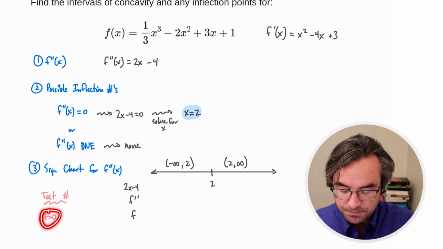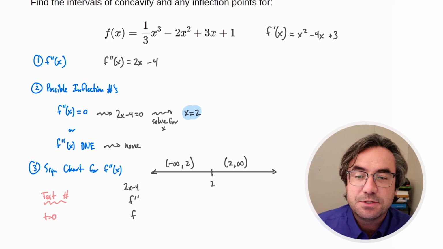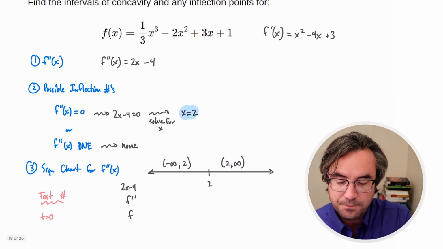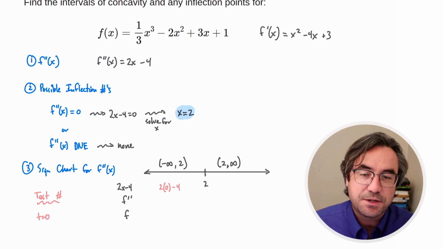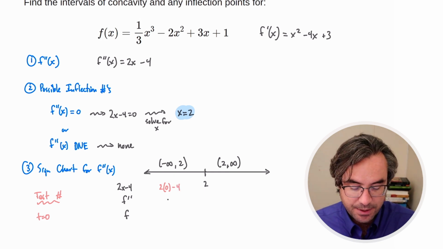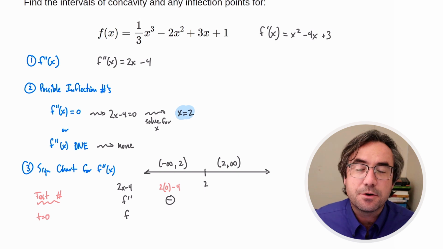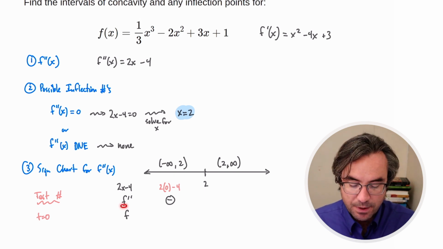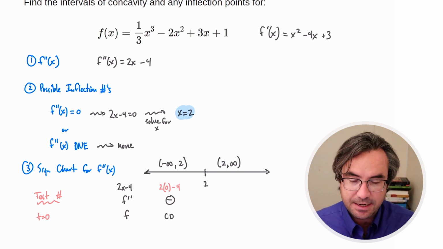We're going to take this test number and plug it in, and we end up with 2 times 0 minus 4. So 0 minus 4, that's a negative. So we end up with a negative result here. And so what our main theorem tells us is that when the second derivative is negative, the original function has a concave down shape.